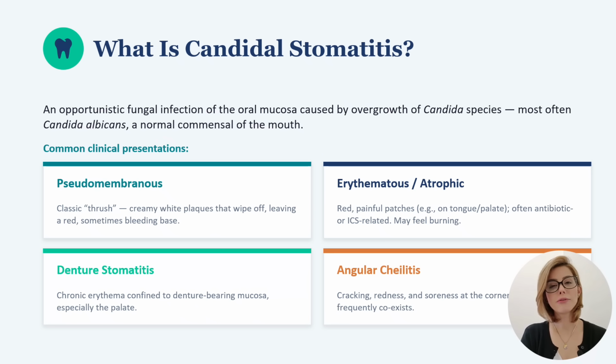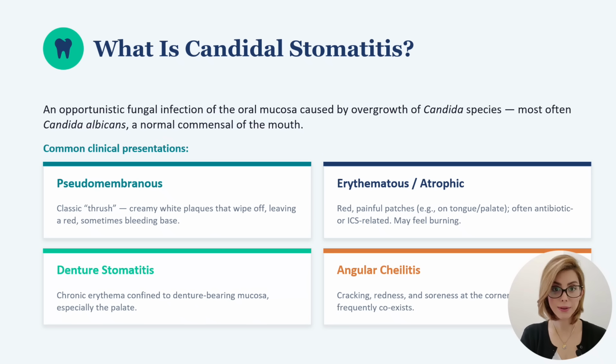It can look a few different ways. The classic one is pseudomembranous, those creamy white, curd-like plaques you can actually wipe away, leaving a red, somewhat tender base underneath. Then there's the erythematous or atrophic form, red, sore patches, often linked to antibiotics or inhaled steroids, that can feel like a burning mouth.